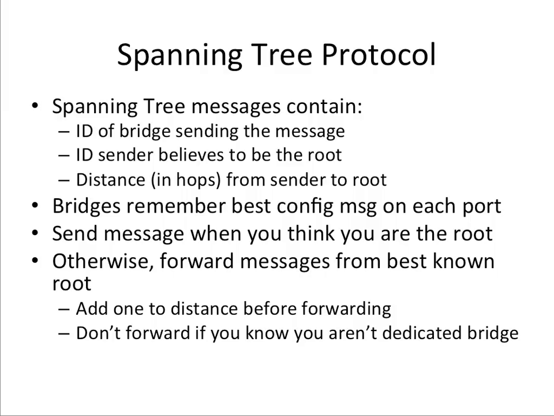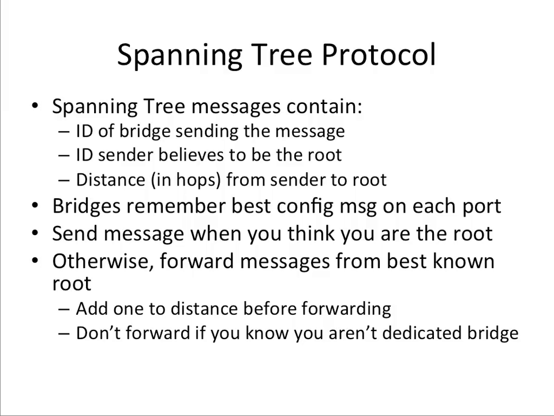So a bridge is going to send a message: its own ID, whether or not it thinks it's the root, and its distance from the root. It's going to send this message to its neighbors, and the bridges will receive a series of these messages through all the ports they have.